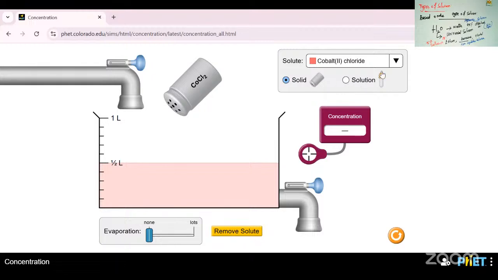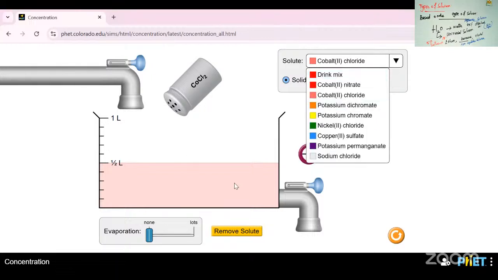Two types of solute are available: one in solid state and another in solution, liquid state. Solute examples are cobalt 2 nitrate, cobalt 2 chloride, potassium dichromate, potassium chromate. Water is the solvent.